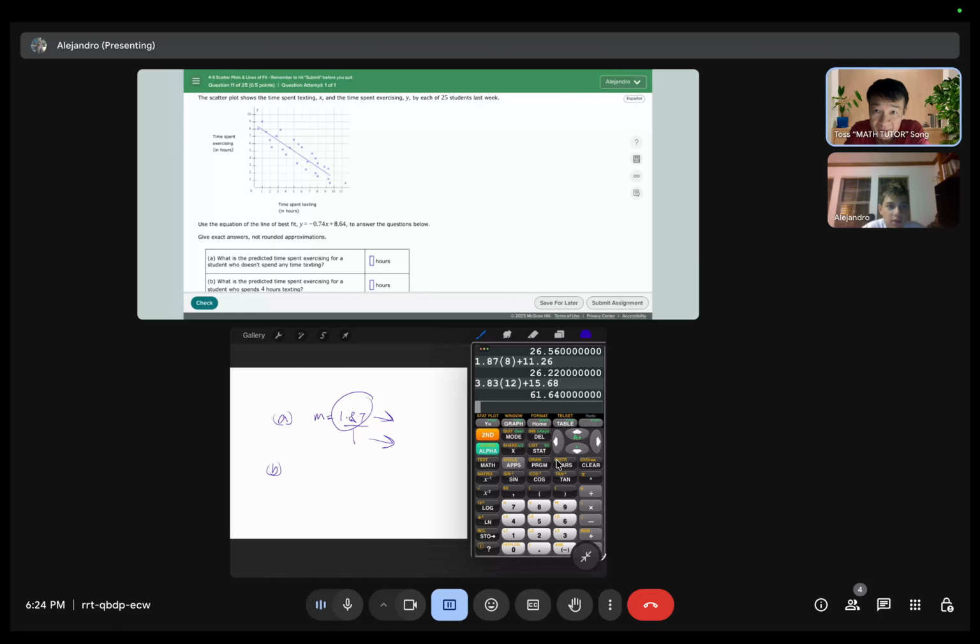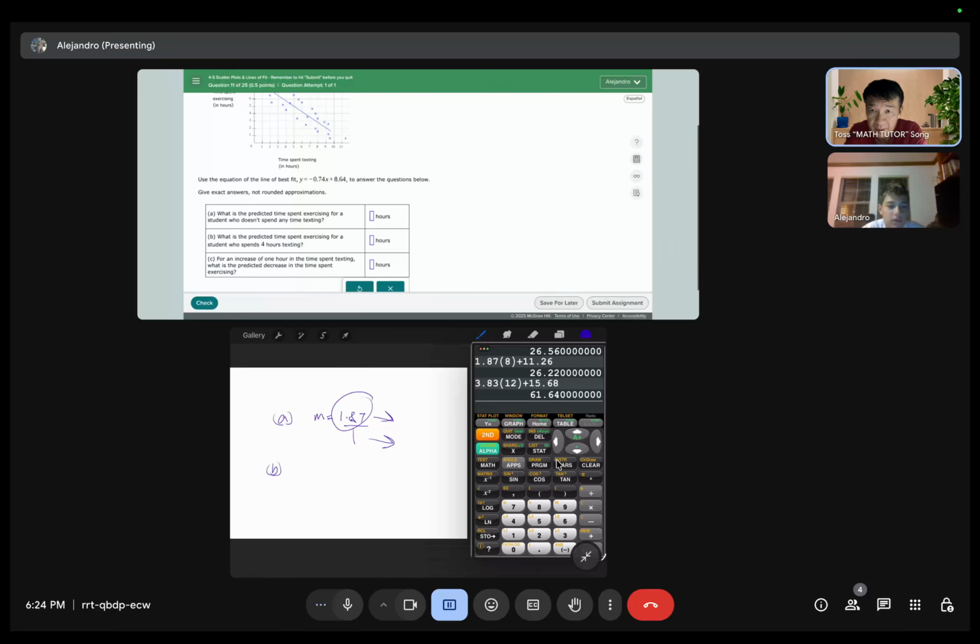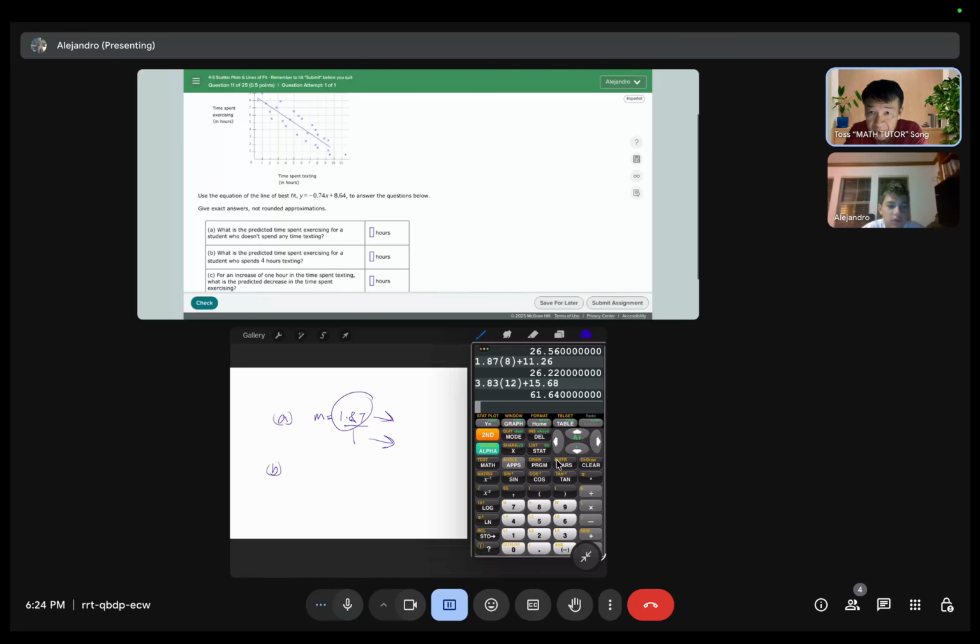Okay, so they gave you the stats, and they also gave you the line of best fit, y equals negative 0.74x plus 8.64. That is the model, they call it, right? The best fit model that predicts this particular scenario. So that's real life stuff here. Okay, let's do it. A, what is the predicted time spent exercising for someone who doesn't spend any time texting?